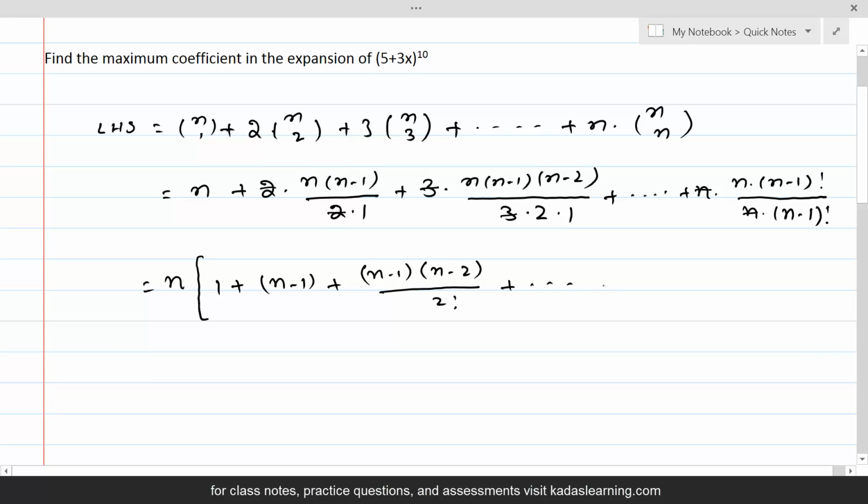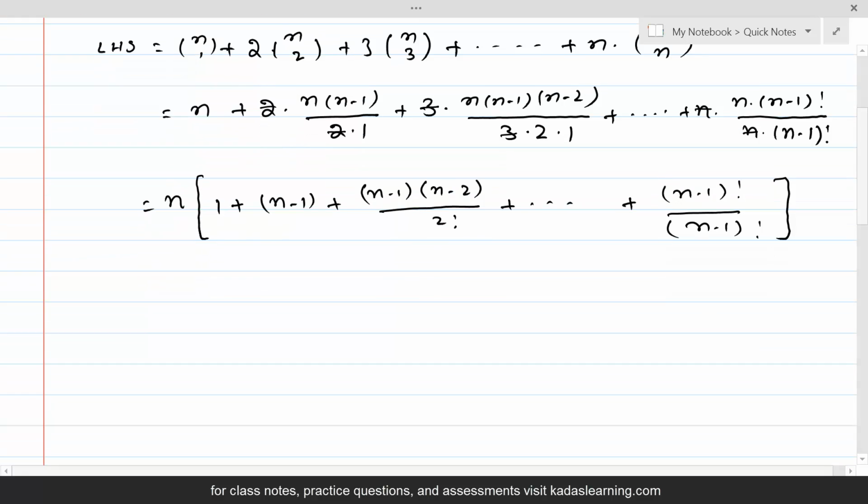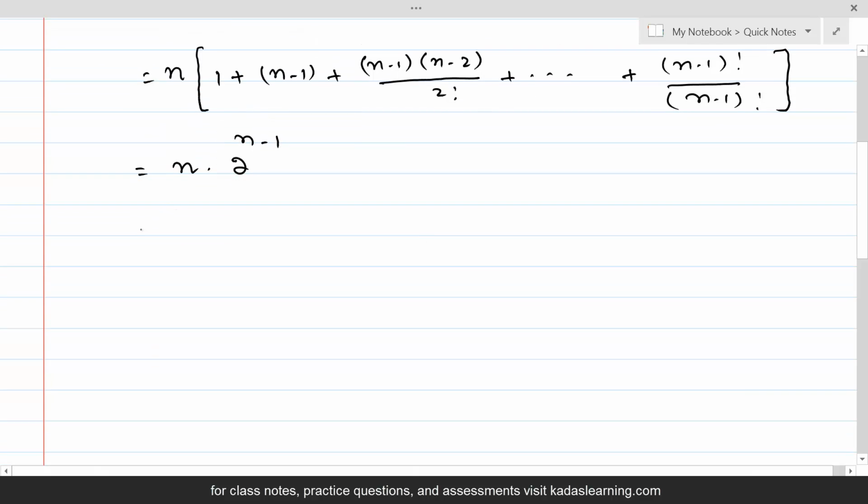If we continue like that, this becomes n minus 1 factorial over n minus 1 factorial. And this obviously is equal to 2 power n minus 1. So this will become n times 2 power n minus 1, which is the right hand side, and that's exactly what we wanted to prove.